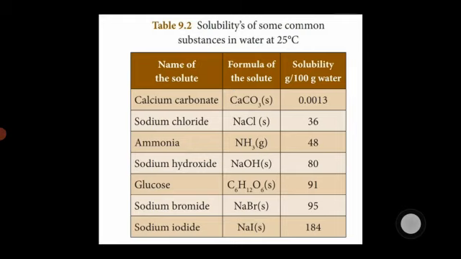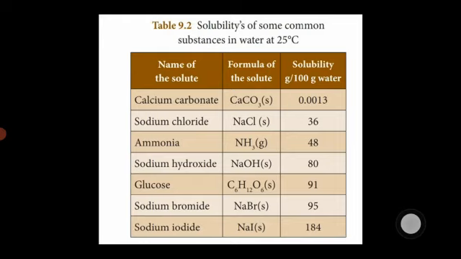The last substance is sodium iodide, formula NaI. The sodium iodide is also in solid state. The solubility level is 184 grams of sodium iodide dissolved in 100 grams of water.